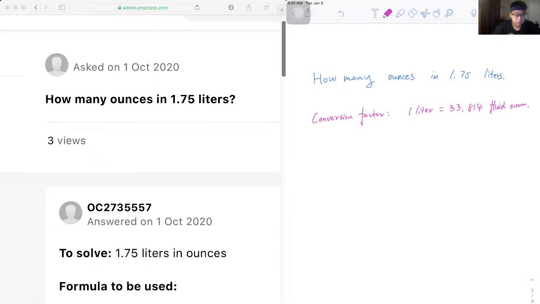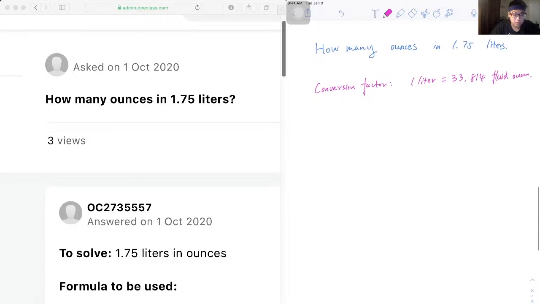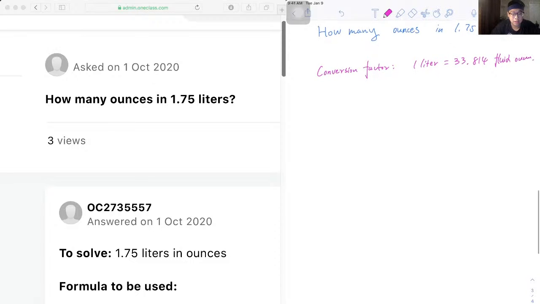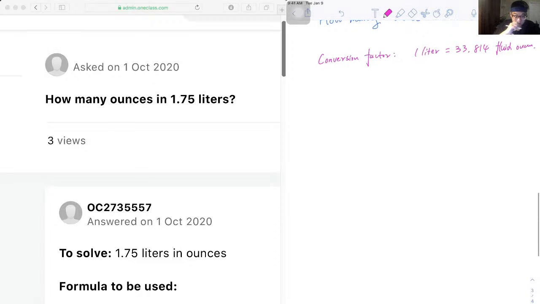By knowing that, we start with the given quantity and then use a conversion factor that will cancel out the given liter, which is at our denominator, and then we leave behind the ounces.